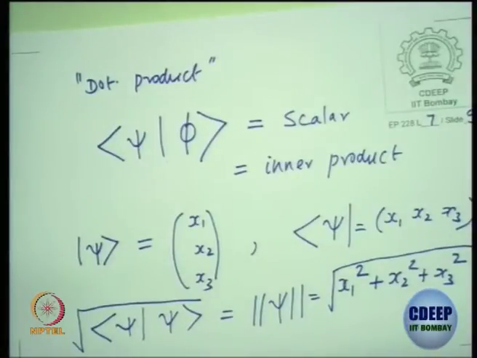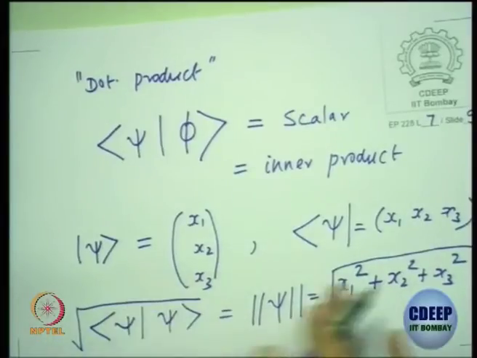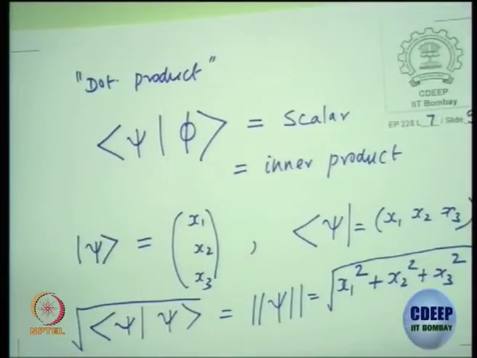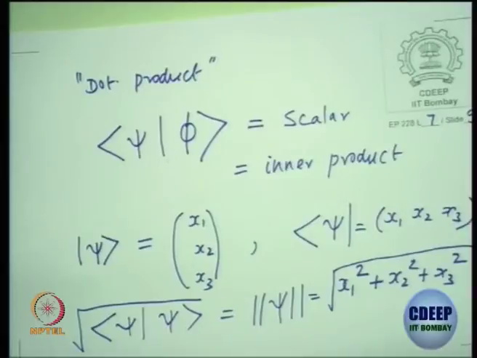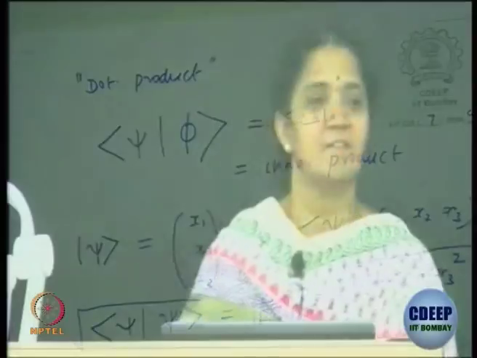If I take the inner product, what will happen to this? It will become complex, right? If x1, x2, x3 are complex, x1 squared plus x2 squared plus x3 squared, x1 squared will be complex, x2 squared will be complex, x3 squared will be complex. But then calling it a length of a vector loses its meaning. You do not want a complex quantity for a length of a vector.